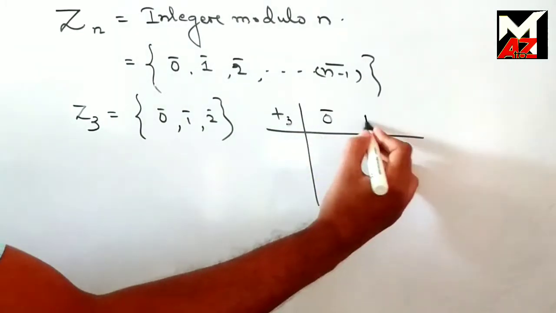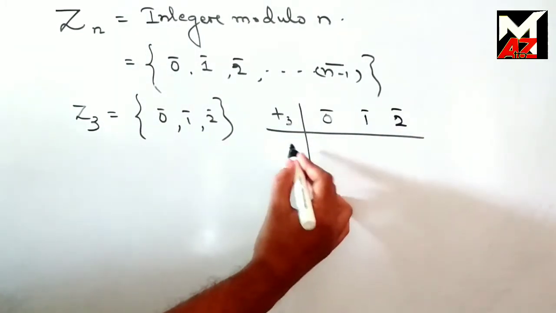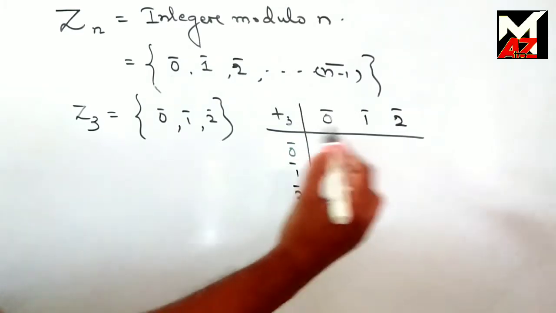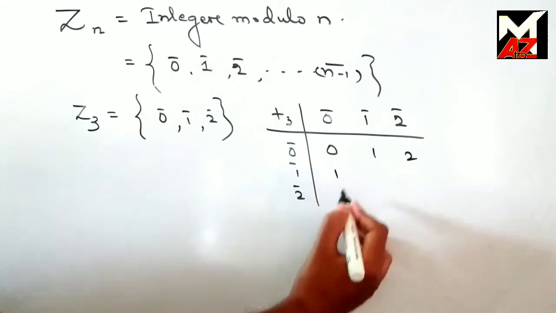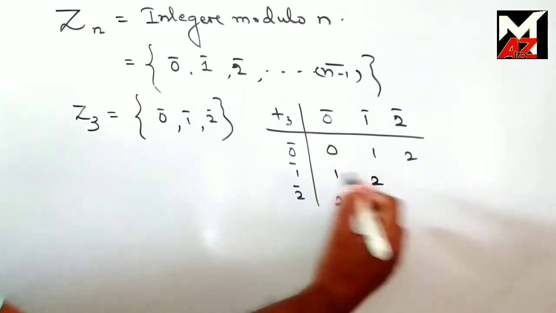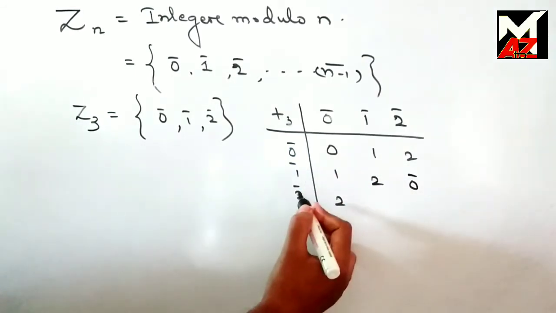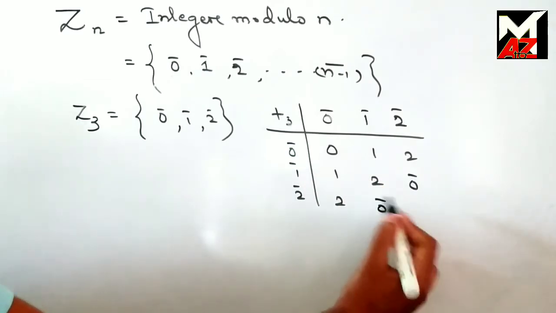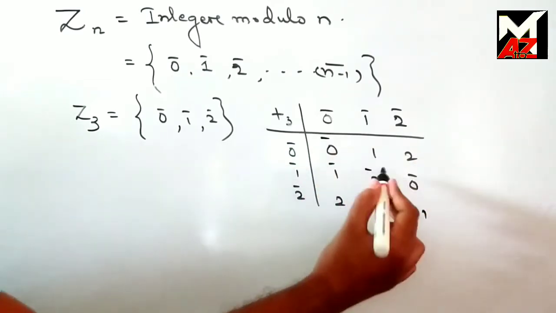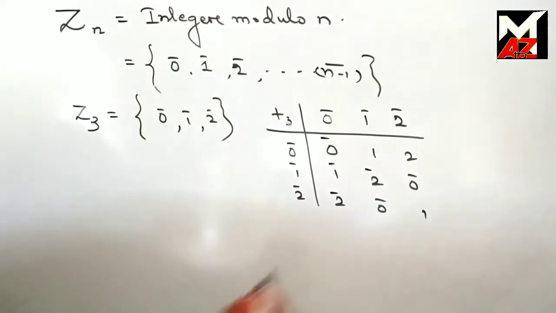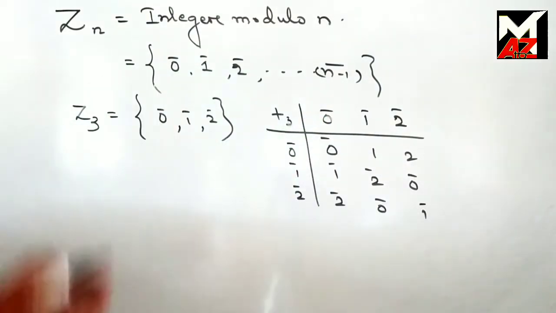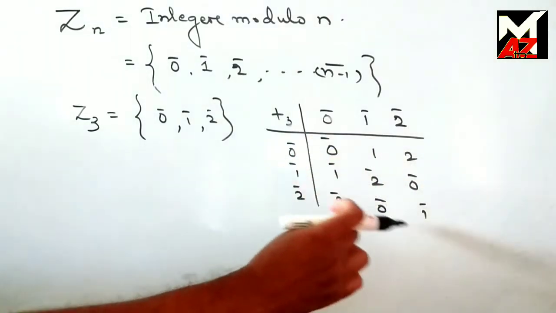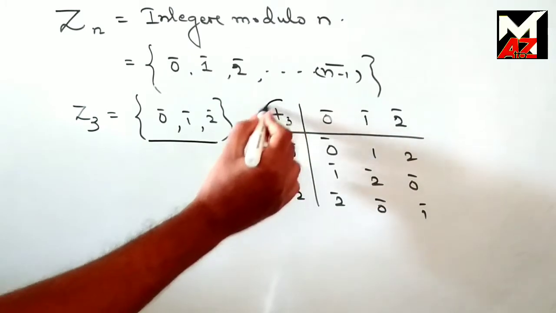Then we get this table: 0 class, 1 class, 2 class, then 1 class, 2 class, 0 class, then 2 class, 0 class, 1 class. Okay, here we say that from the composition table, the set is closed under plus 3.